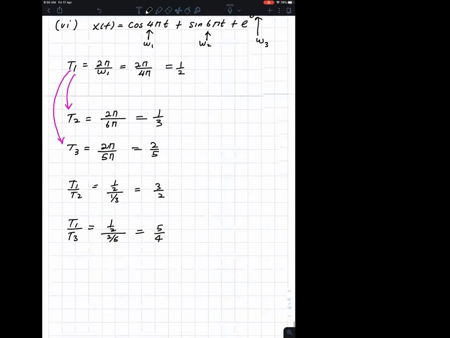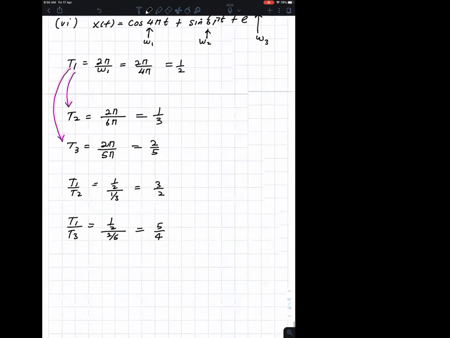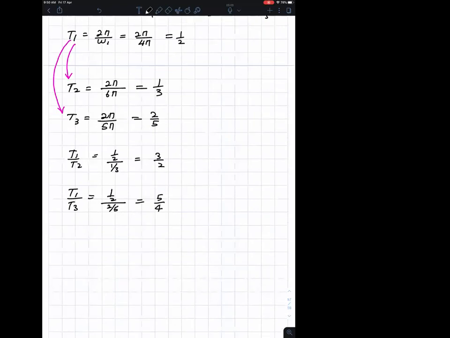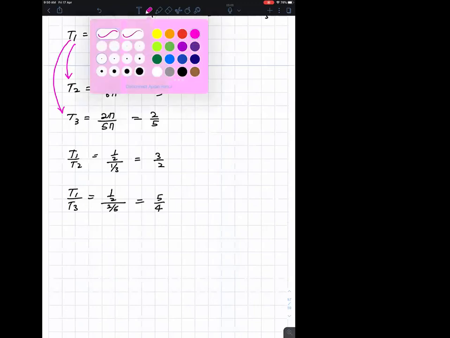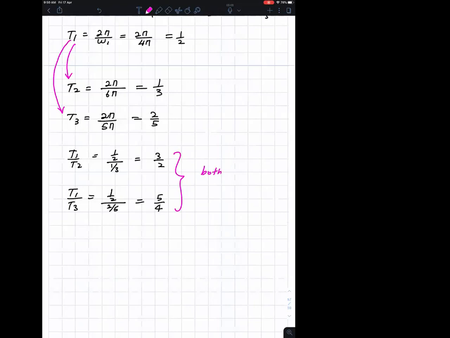Both are ratios of integers, so rational numbers. Therefore, it is periodic.